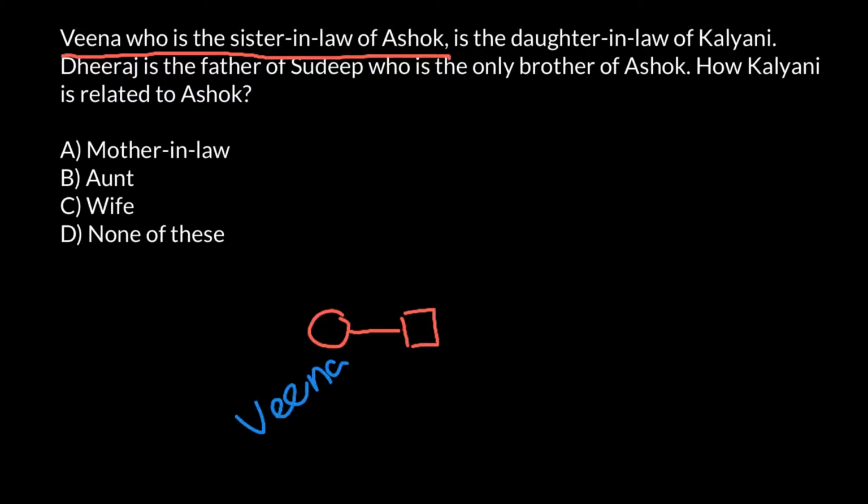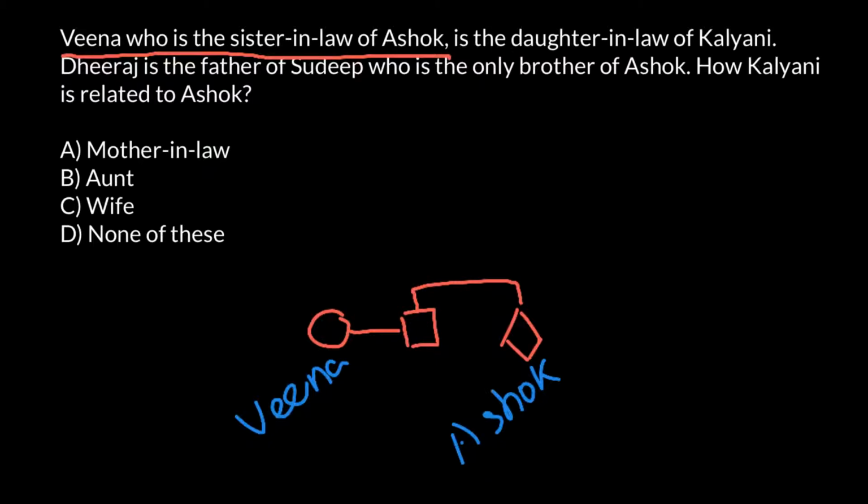And her husband would have another sibling, but we don't know whether Ashok is male or female. So this brings us another complexity to this problem. So we would use just this symbol to designate a person whose sex is not known. And this is going to be Ashok. So let's put a name here, Ashok.